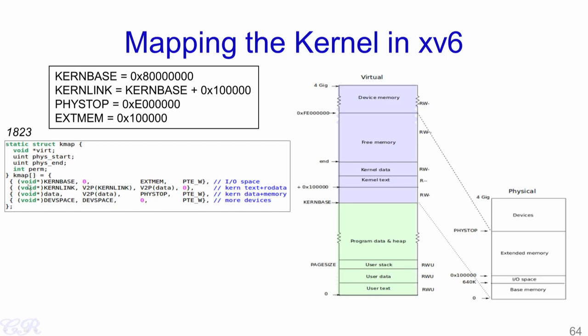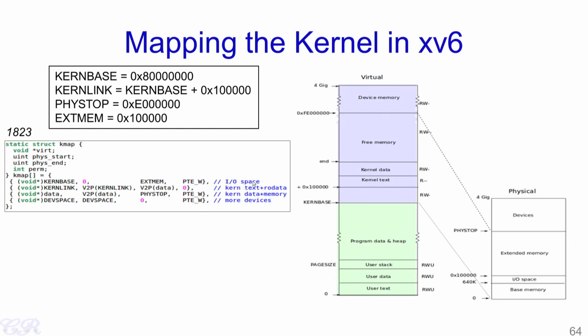So, xv6 defines 4 such regions. We have the IO space, the kernel text and read only data, the kernel data and memory regions, and the device space. These 4 regions can be mapped into this particular kernel space.